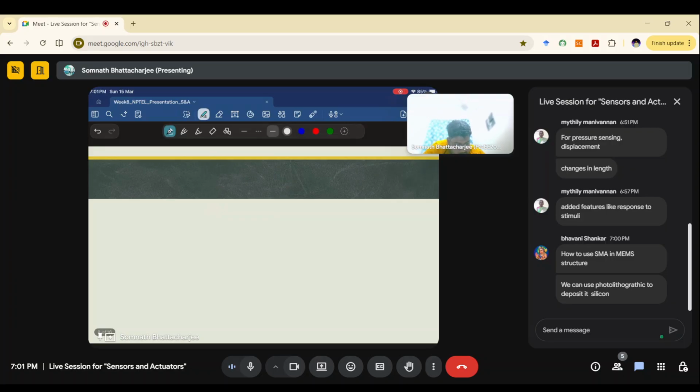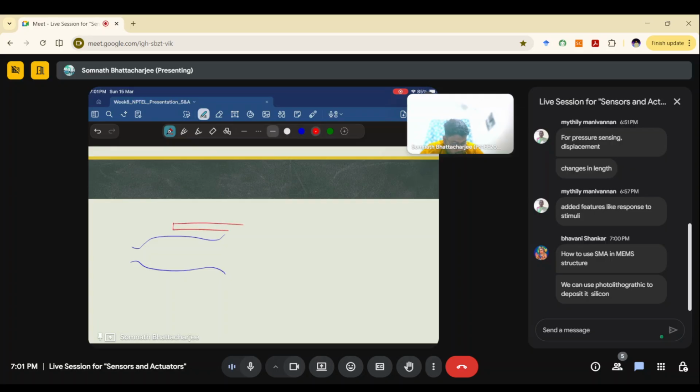What I was saying is, let's say you have a structure like this, right? Let's try to make both identical.